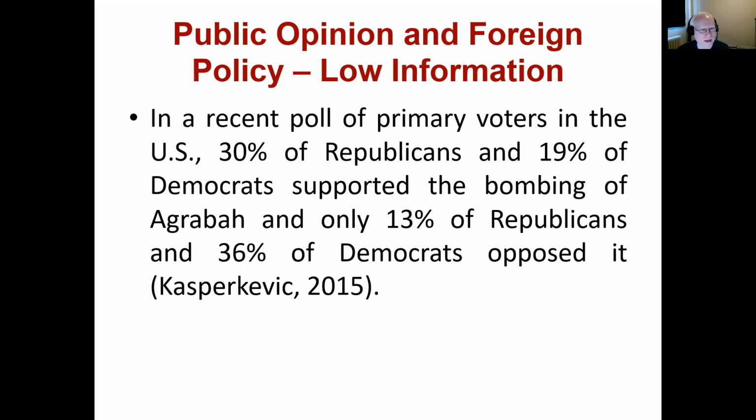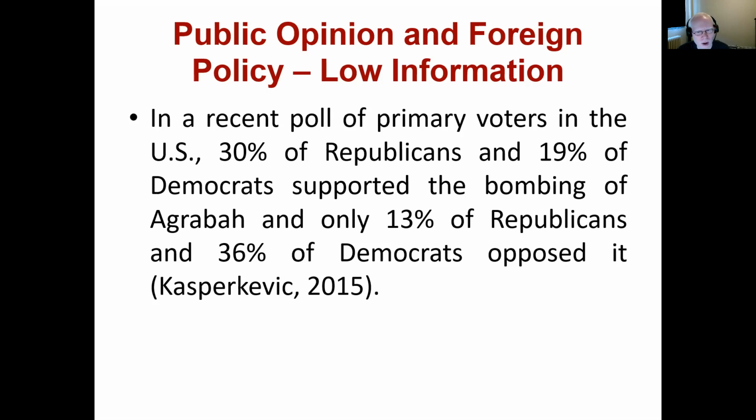So here's one example of how low levels of information can lead to problematic policy decisions, or at least policy preferences. This was a poll done in 2015 during the primary season in the lead up to the 2016 presidential elections, the Democratic and Republican primaries.